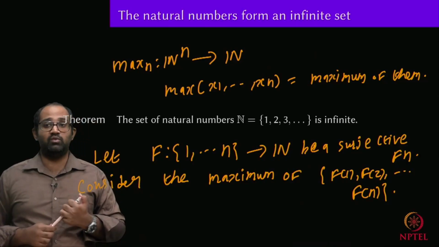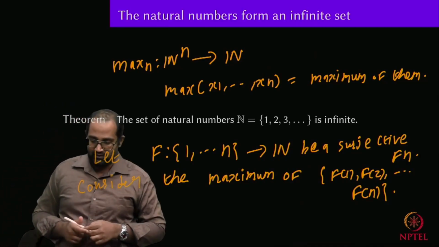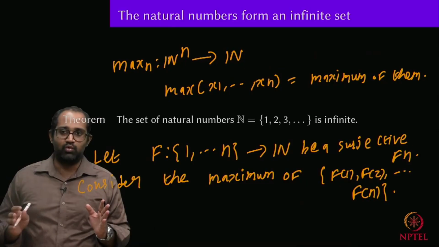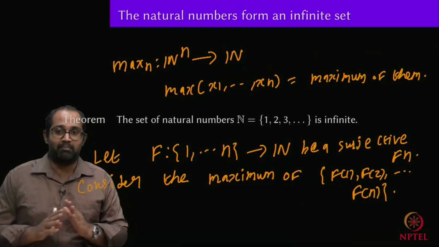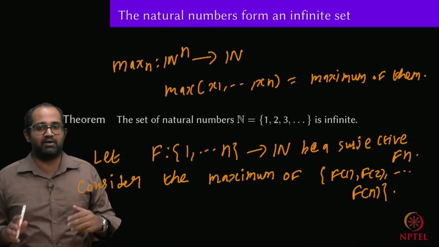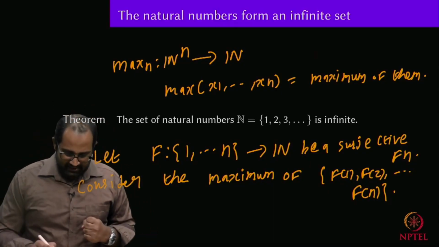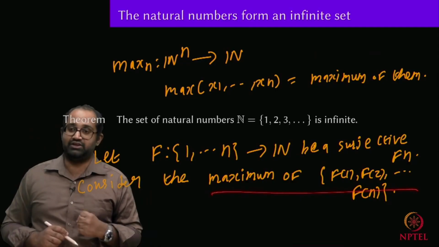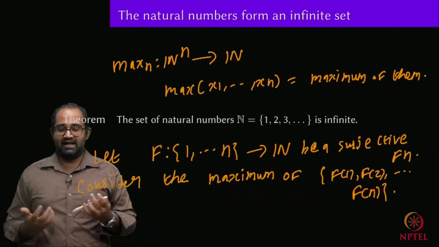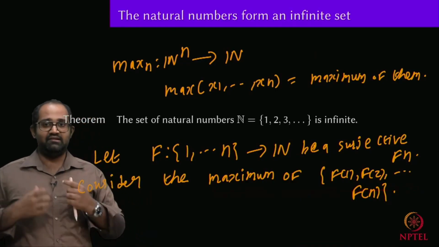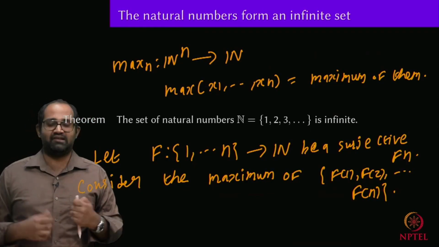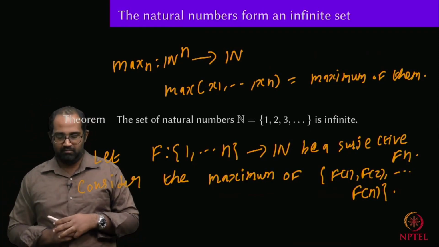Think about how you can use recursion to define this function. Now, it does not matter how you do it, or if you have just completely ignored this part because it is a little bit of an exercise in pedantry, you can take it for granted that you have such a function. Given a finite set of natural numbers, there is a function that gives you the maximum of those finite number of natural numbers.